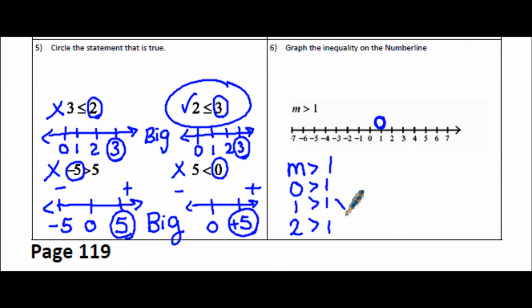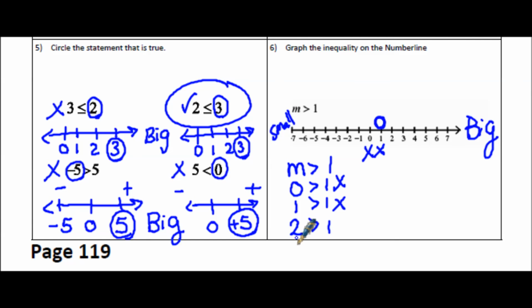Now 1 is not greater than 1. 1 is equal to 1. Since we don't have a solution at 1, that's why we are not coloring in our circle. Now 0 is not bigger than 1. 0 is to the left, or the smaller side of 1. So this is not a solution. So 0 does not have a solution. Now 2 is bigger than 1. Well, 2 is on the bigger side of 1.